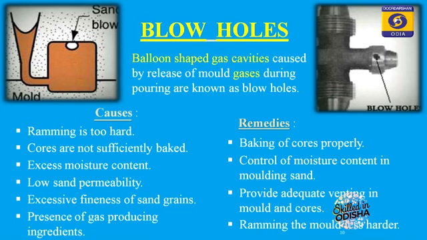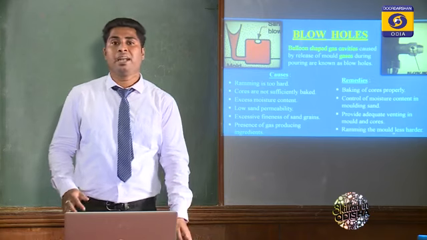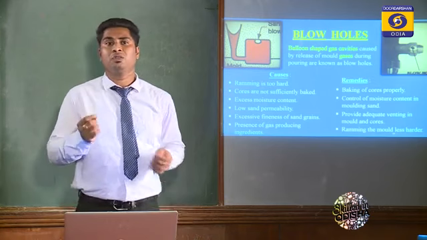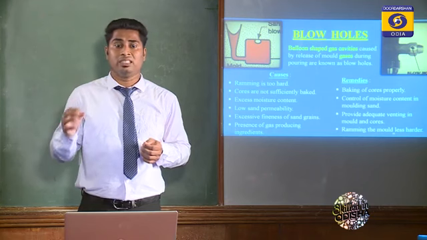Bake the cores properly, control the moisture content in the molding sand, provide adequate venting in the mold and cores, and ram the mold less hard. What is venting? Venting means creation of small holes at the top of the casting.